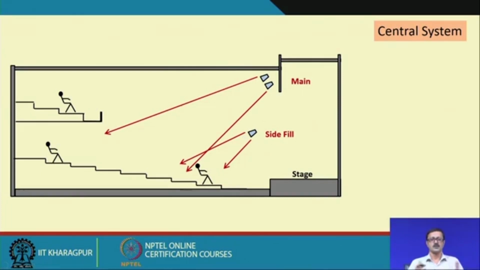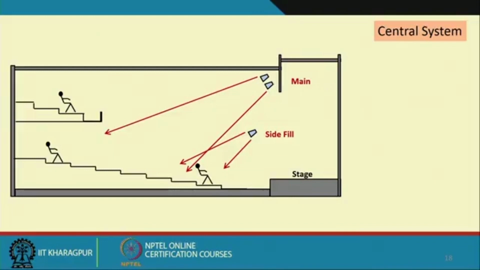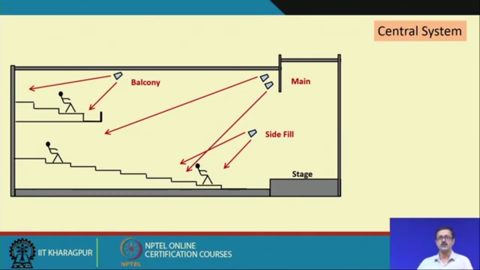Because sometimes the audience is in a larger or wider spread. So, the audience on the left and right sides, at the corner or the wall side, should have equality from the sound reinforcement system point of view. You require side fill, which we have just now discussed in the last slide.